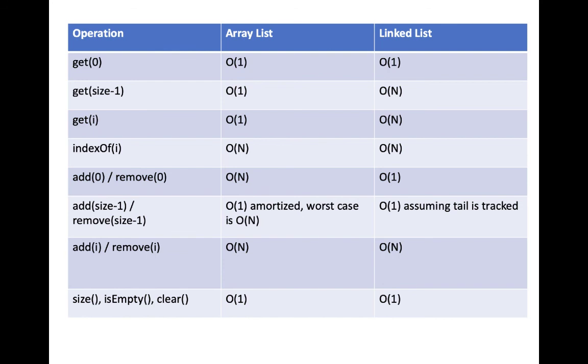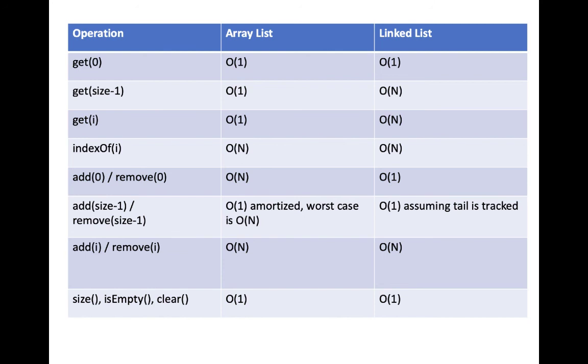Then as long as the way we're using the list only ever wants to add and remove from either the very beginning or the very end of the list, and we never have to get anything in the middle, a linked list will always be better, because adding and removing from the beginning and the end is an order one operation. Whereas for an array list, adding or removing from the beginning is an order n operation, and for the end is an order one operation most of the time, but occasionally is order n.